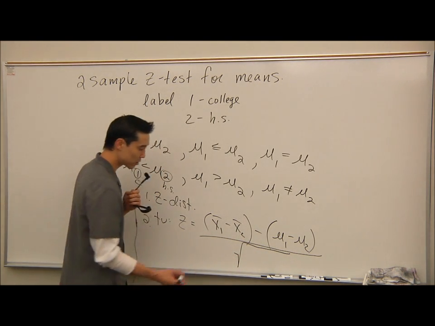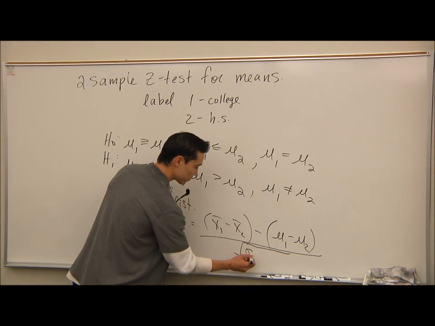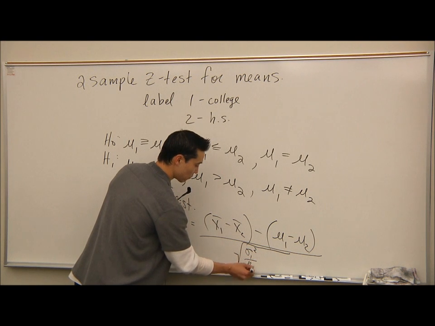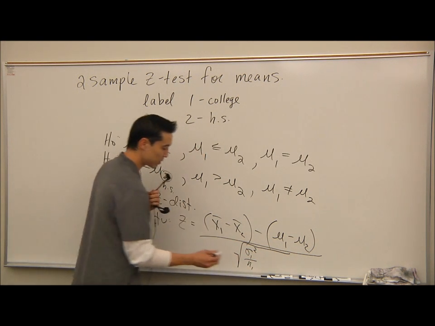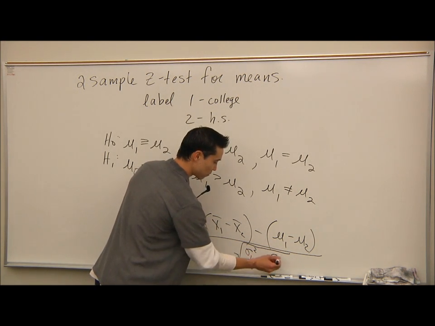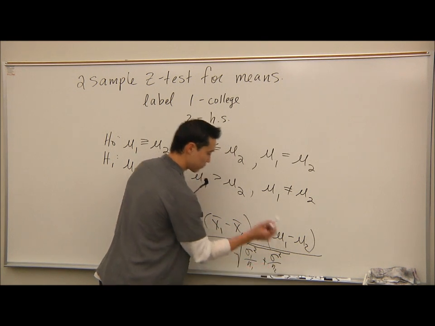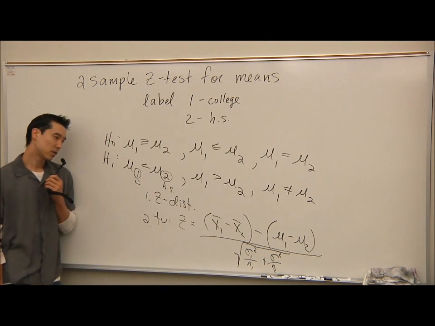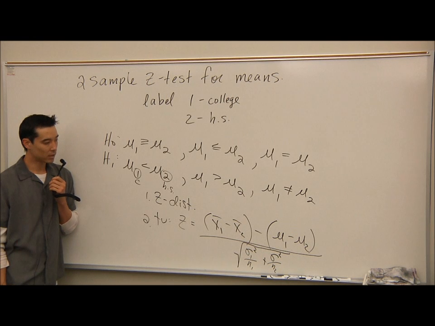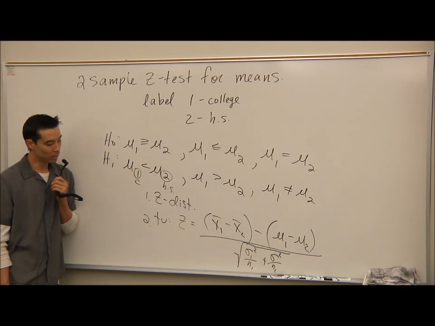You have sigma 1 squared over n1 plus sigma 2 squared over n2. So x1 bar minus x2 bar minus mu1 minus mu2 over a big square root of sigma 1 squared over n1 plus sigma 2 squared over n2.